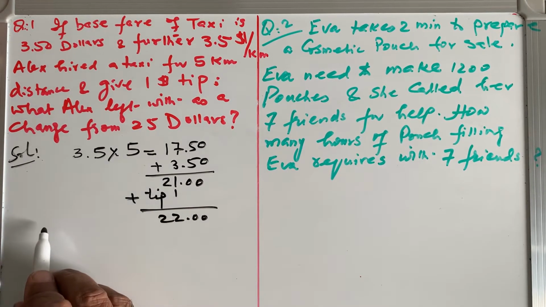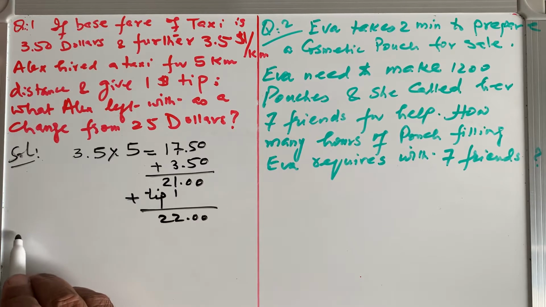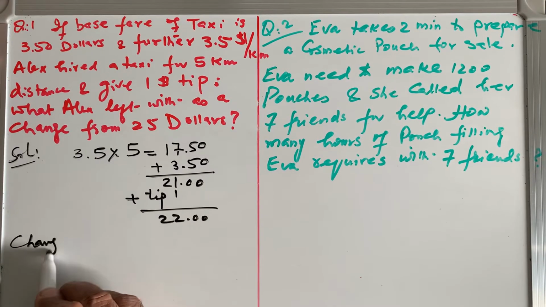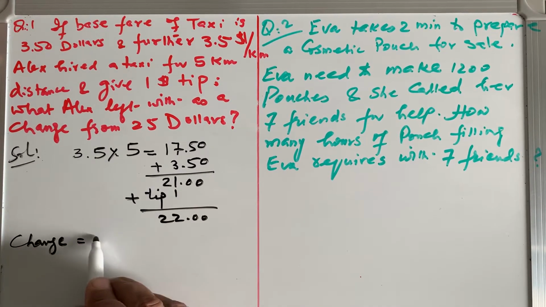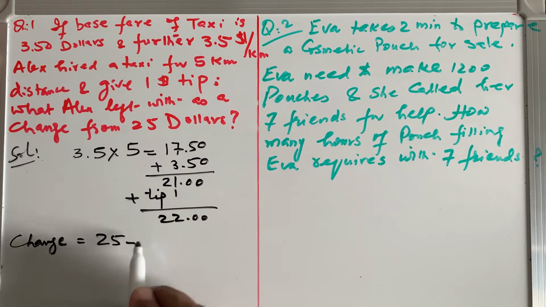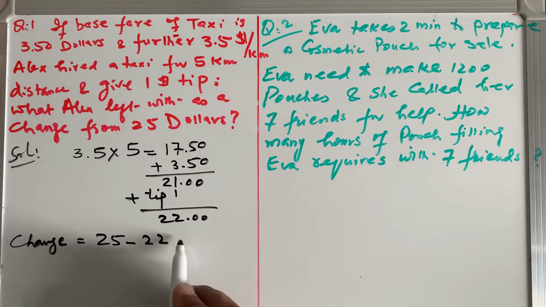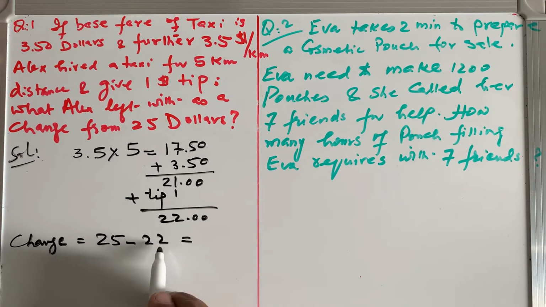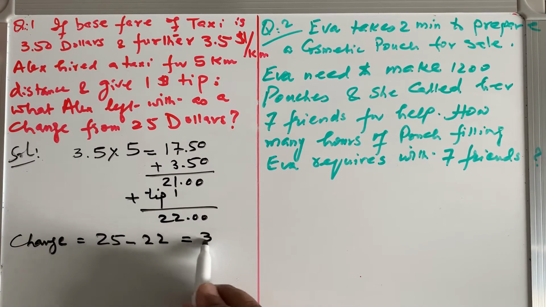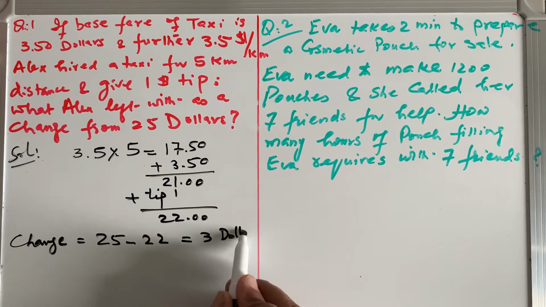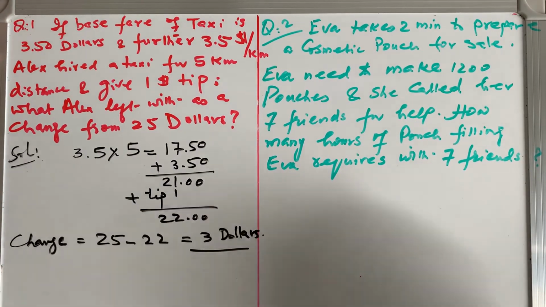So what he has is $25. The change is 25 minus 22, which is $3. So he will be having $3 as change.